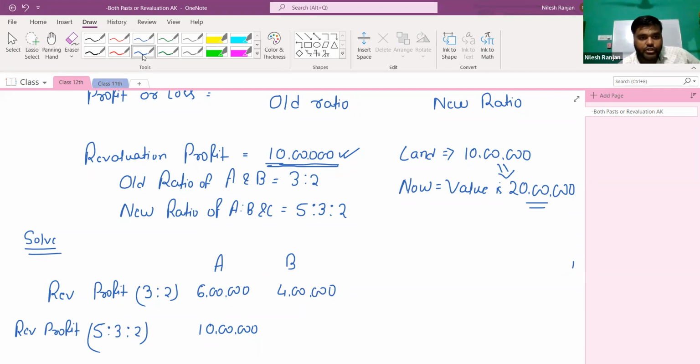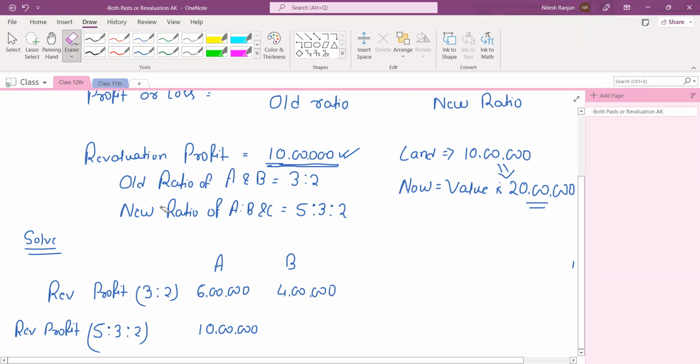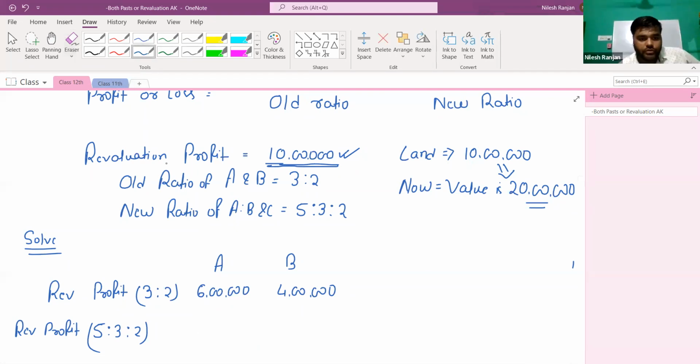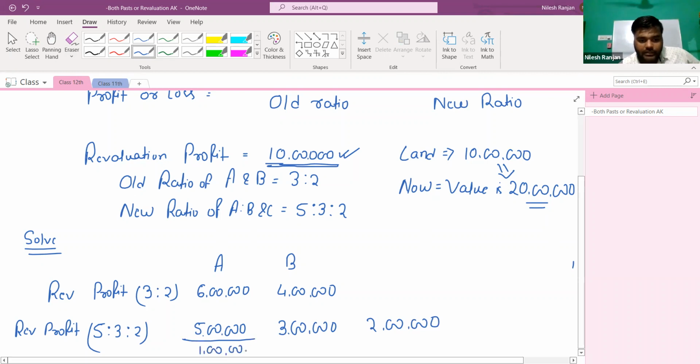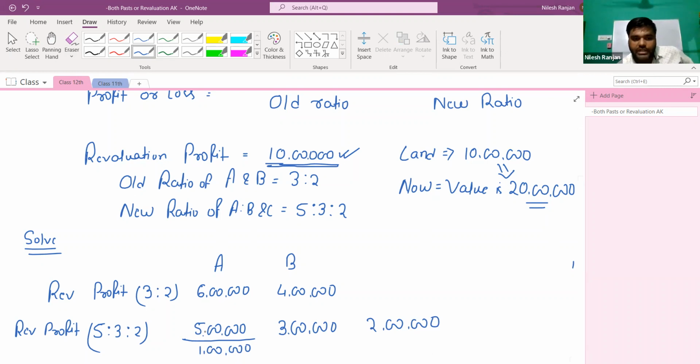And in the new ratio, A will get 5 lakh, B will get 3 lakh, and C will get 2 lakh. So you can see that if we don't distribute the profit right now, A will be at a loss of 1 lakh, because in the old ratio he is getting 6 lakh and in the new ratio only 5 lakh.